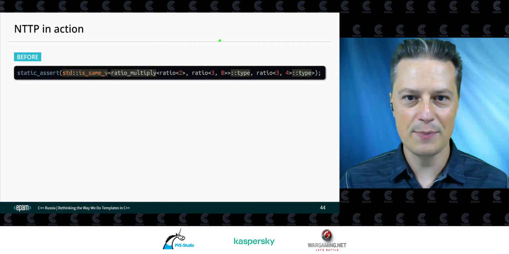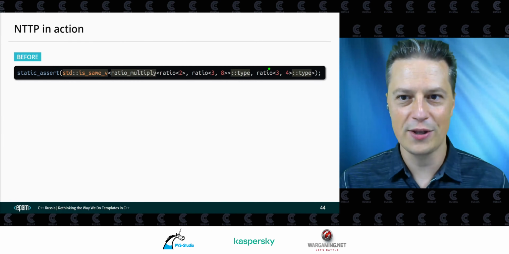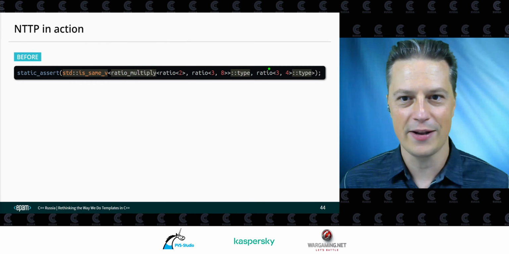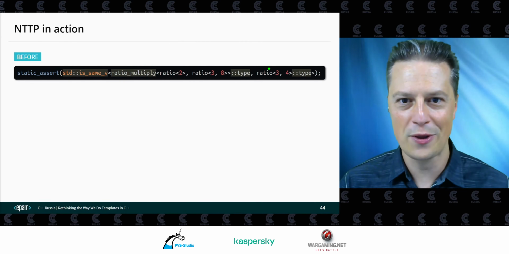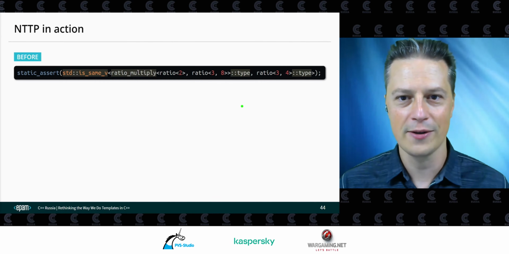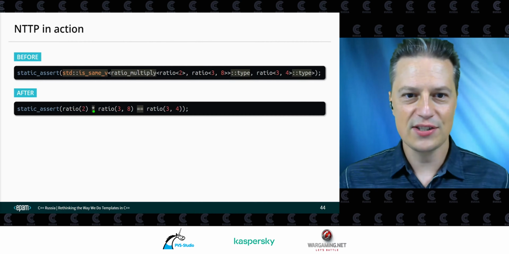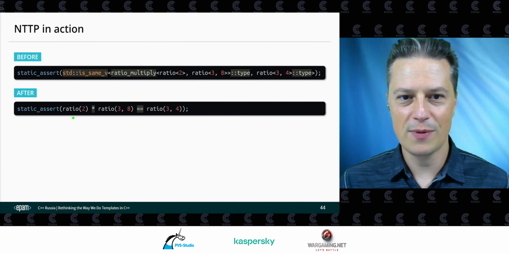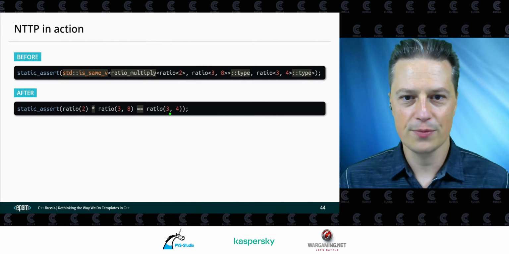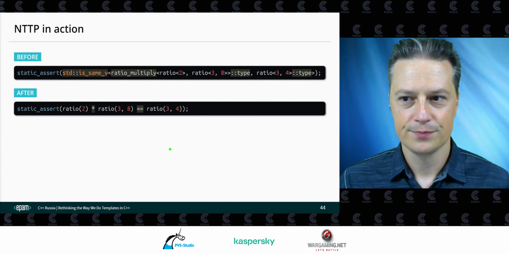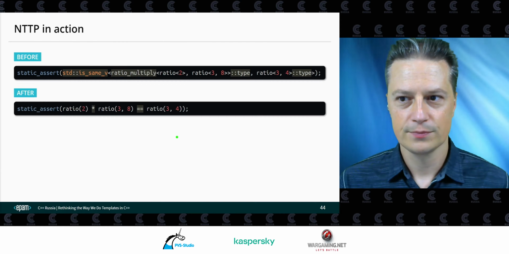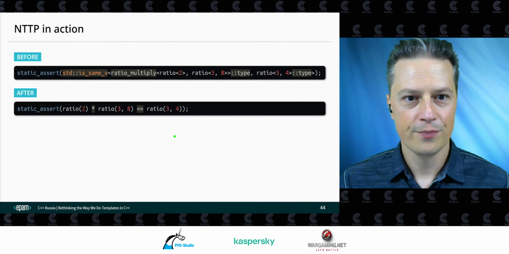I couldn't compare just types here because those could be different types even though they mean exactly the same, like 1/2 and 2/4, for example, right? And right now, I just type it like this: ratio multiplied by ratio equals this. It makes it much easier.